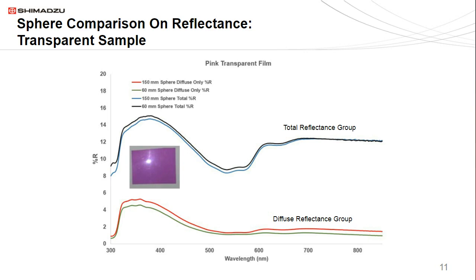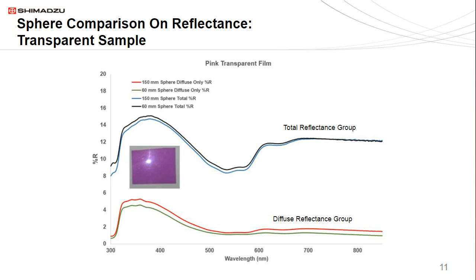Here, you'll notice again, the data correlates by the type of reflection measurement rather than the sphere size. You'll also notice that it's much lower because most of the light is passing through the sample and is trapped out by the surround of the integrating sphere.